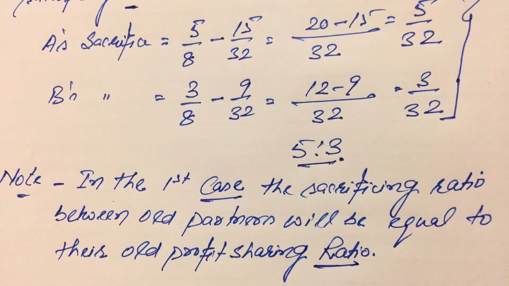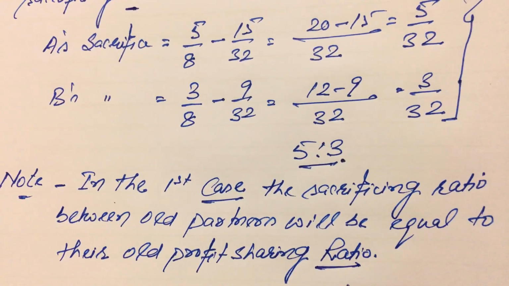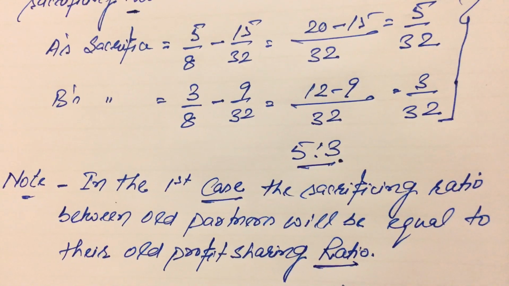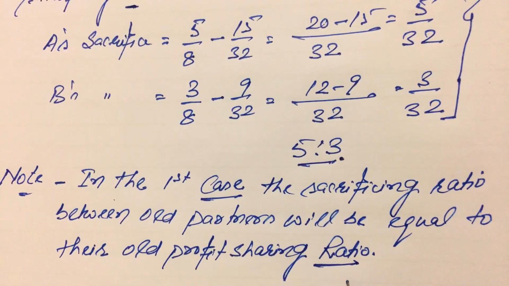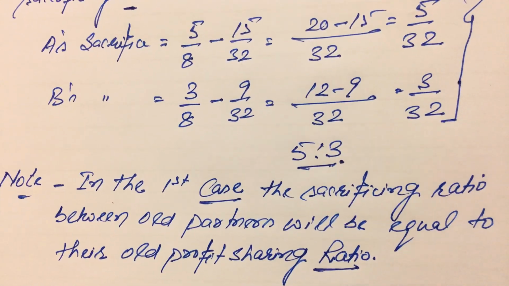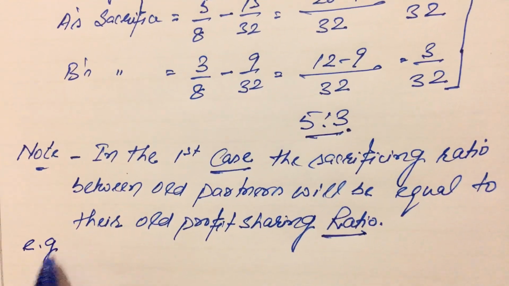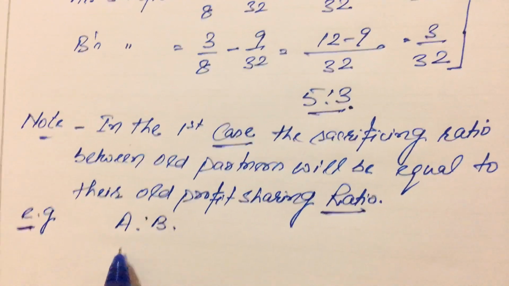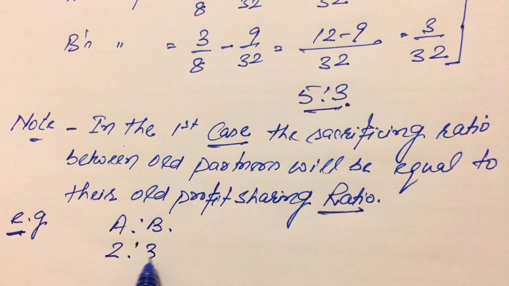Whenever there is no information about the new partner except his share, in that case the old partners' sacrificing ratio will always be equal to their old profit sharing ratio. For example, if we take another example, A and B are partners, their profit sharing ratio is 2:3.